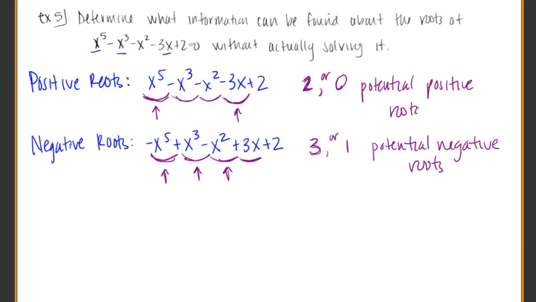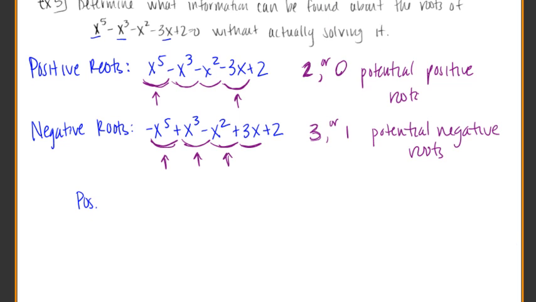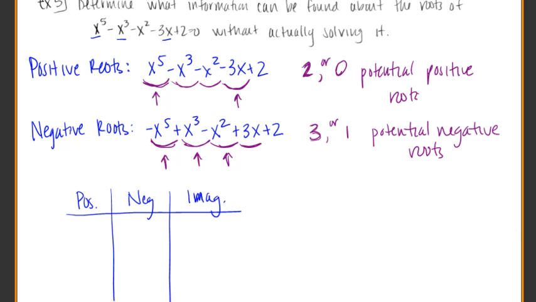Okay, but what we want to do to really answer this question is give it in terms of almost a total chart. So here's my positives, and then I'm going to have some potential negatives, and then we also have imaginaries as an option. All right, so here's how we're going to list them out. I know for my positives that I need to do a combination of these.